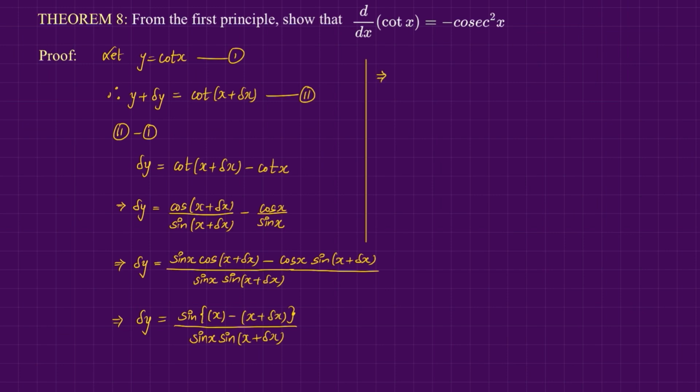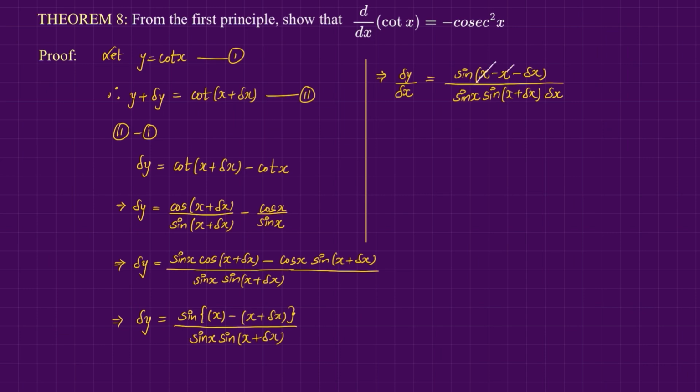Let us divide both sides by delta x also. So it will be delta y over delta x equals sine of (x minus (x plus delta x)) whole divided by sine x into sine of (x plus delta x), and since we were dividing both sides by delta x, here also delta x comes.